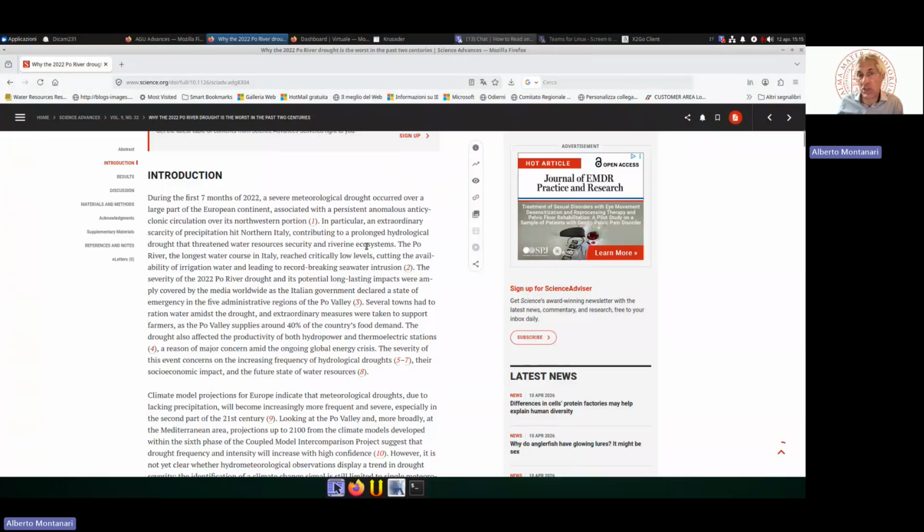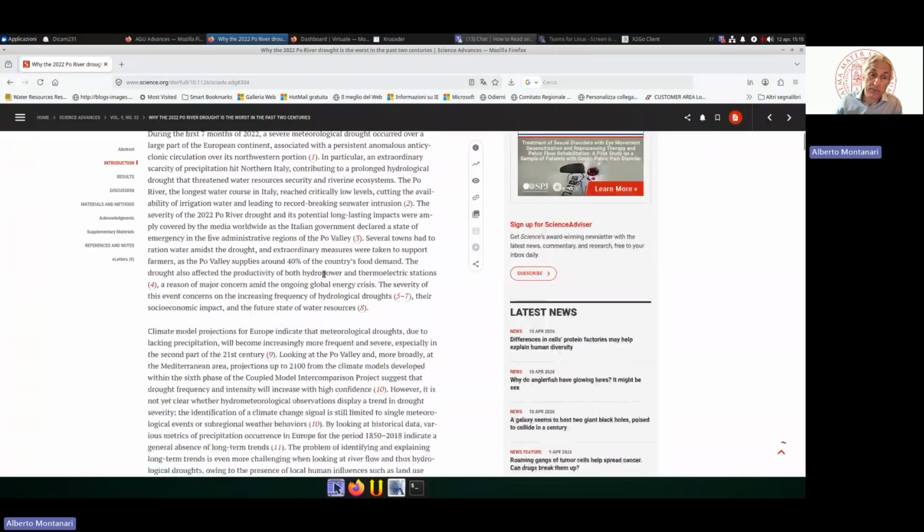Remember, when there is a change in the paragraph, when a new paragraph starts, it means that a different type of information is provided. So given that I am fine with the first paragraph with additional details on the drought, I jump to the second one.